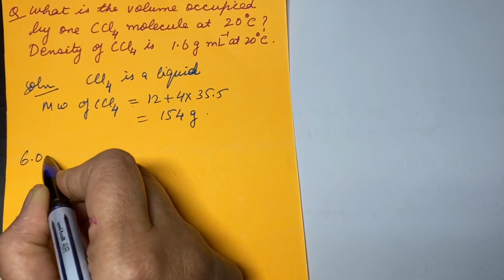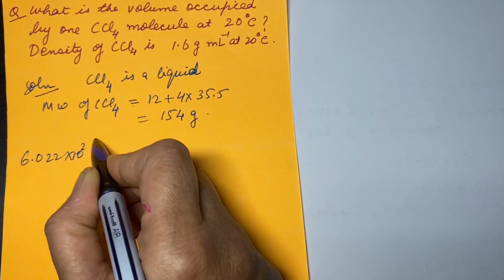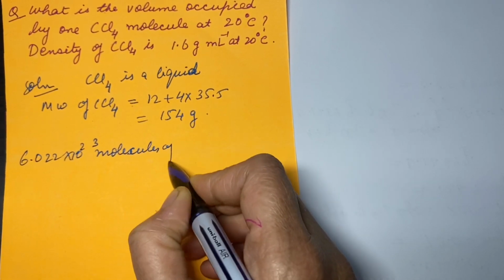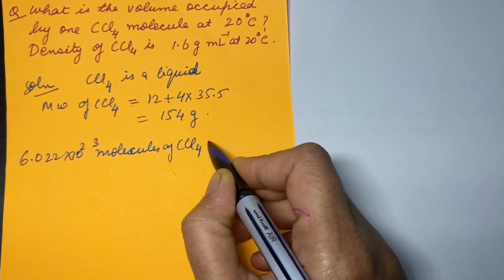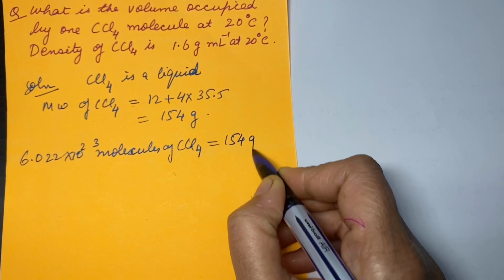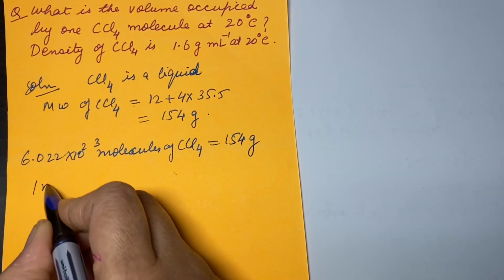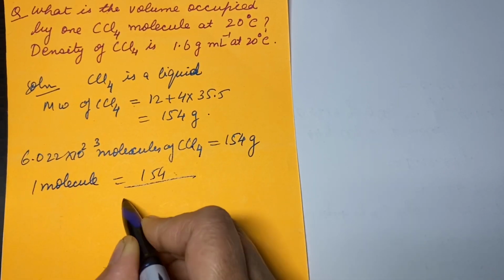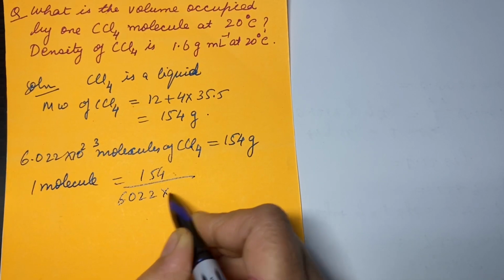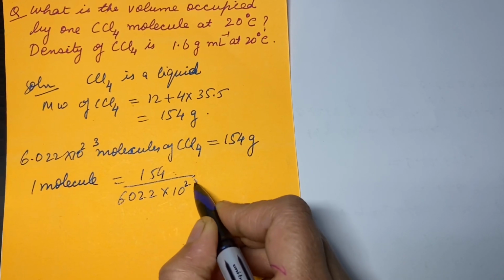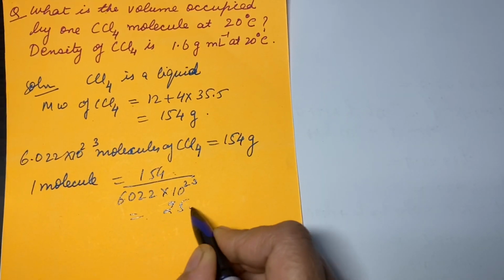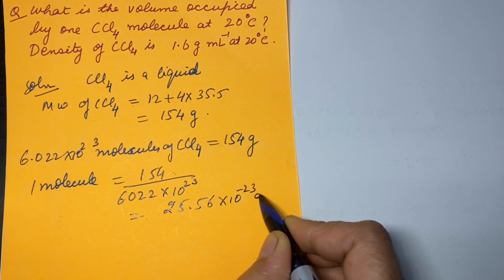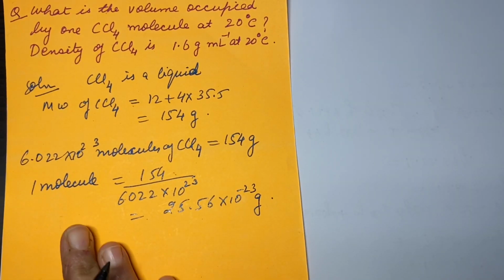Now 6.022 into 10 to the power 23 molecules of CCl4 has mass 154 grams. So one molecule will have the mass of 154 divided by 6.022 into 10 to the power 23. We solve it and it comes out to be 25.56 into 10 to the power minus 23 grams. This is the weight of one molecule.